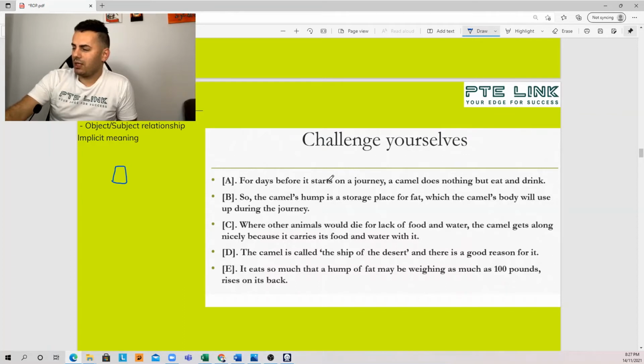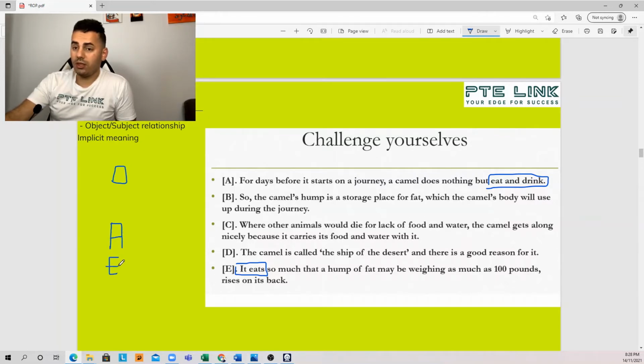I'm looking at A now, and I've seen this phrase here, eat and drink. Then I looked at E, at the beginning of E, it says "it eats." Somehow we've got implicit meaning. So now I would say A and E is a potential pair. There could be a relationship between A and E.